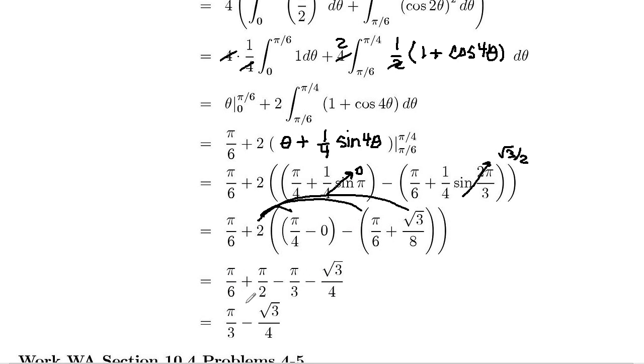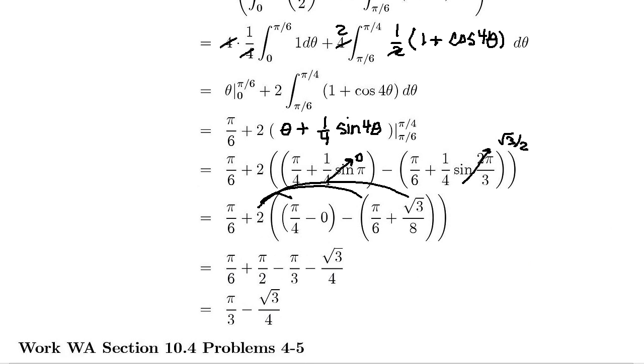And then these guys, if you get a common denominator and combine these, you just get pi over 3. So pi over 3 minus root 3 over 4.